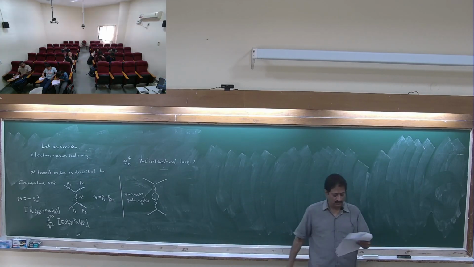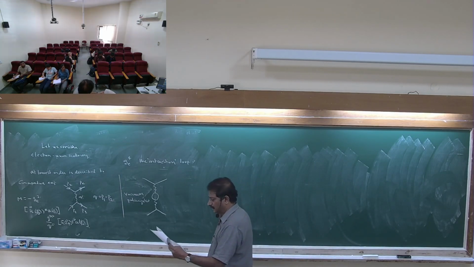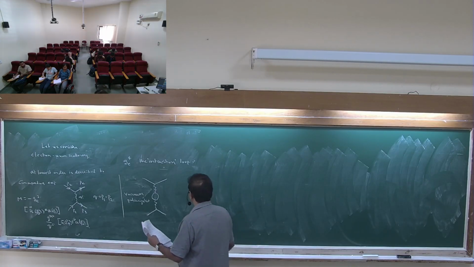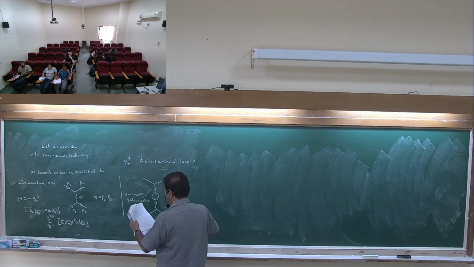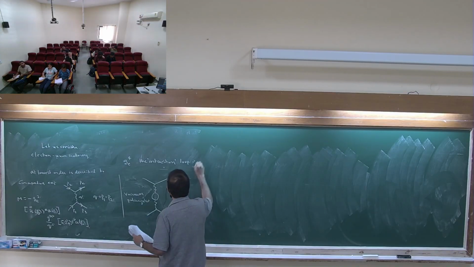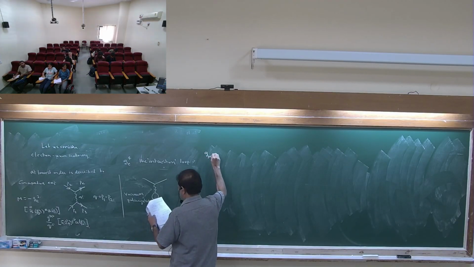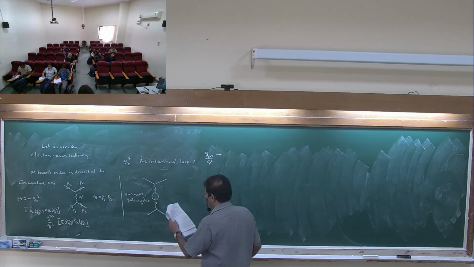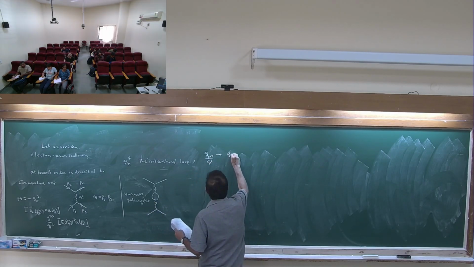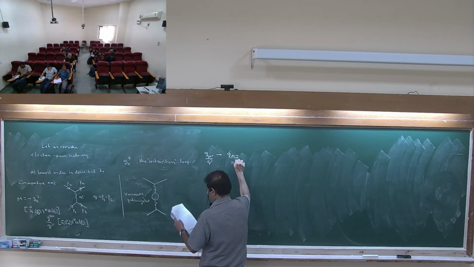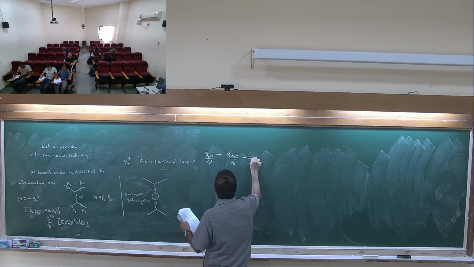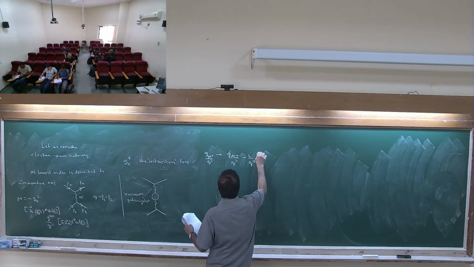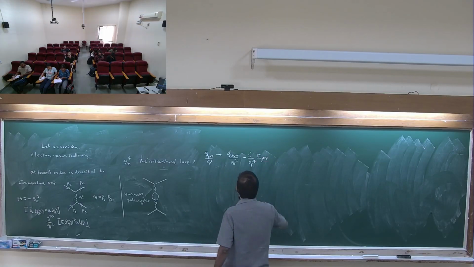So then the new diagram is going to be one where g_μν over q squared is replaced by g_μν over q squared minus i over q to the 4 times another tensor I_μν.